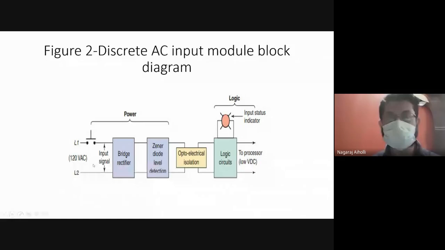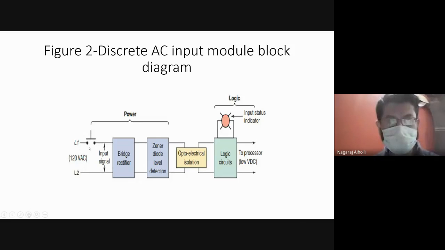So different countries follow their own standards of voltage and frequency ratings. In India it is 230 volt 50 hertz, whereas in America it is 120 volt AC and 60 hertz frequency.